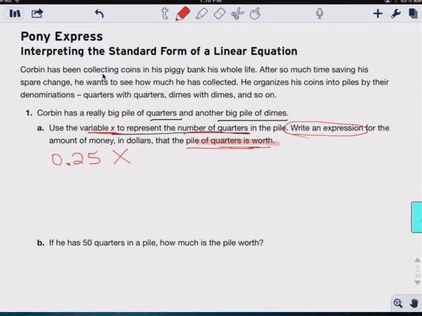If he has 50 quarters in a pile, how much is the pile worth? Well, here's an example: 50 quarters, and each quarter is worth 25 cents. We times 25 cents by the number of quarters. So 25 cents times the number of quarters equals, well, I can do this.